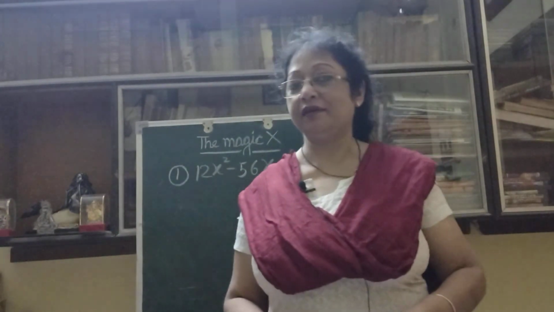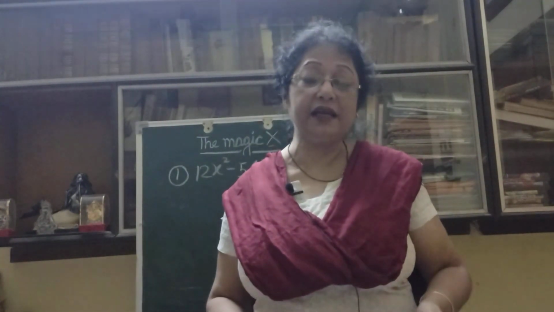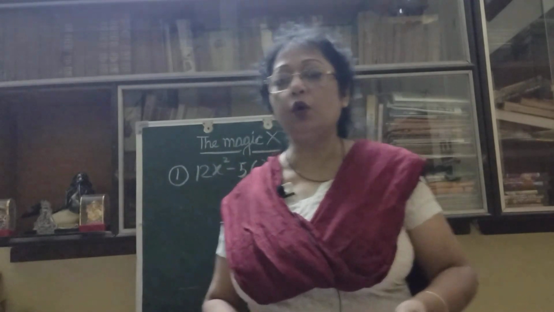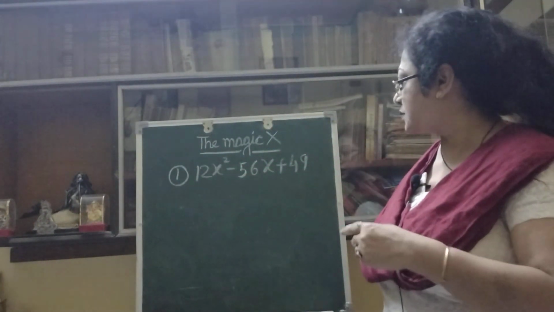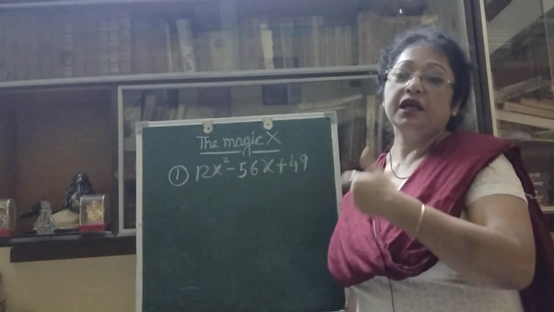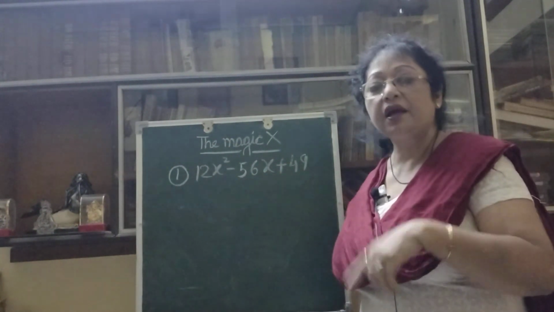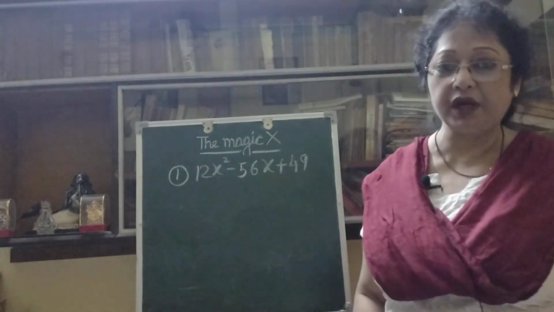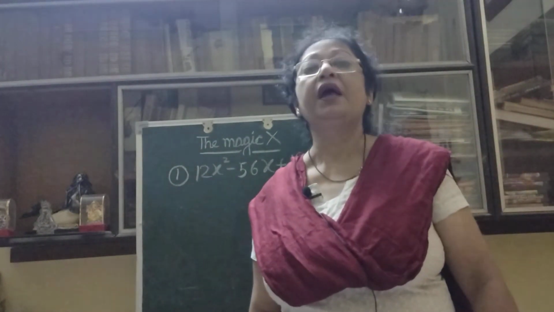The first 5 who send answers, in my next video I will announce their names. Okay children, it will be a very big fun. Really, it is a very big fun. Copy down this one, 12x square minus 56x plus 49. Use the magic cross trick and do it. Write down the answer. Okay.